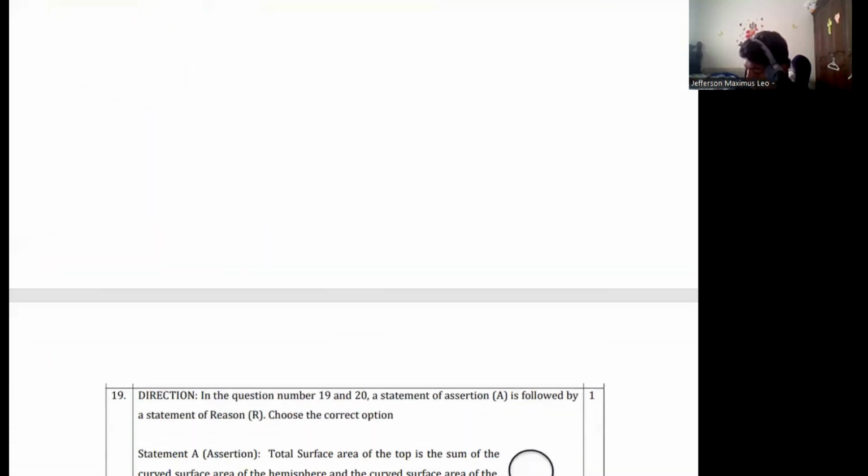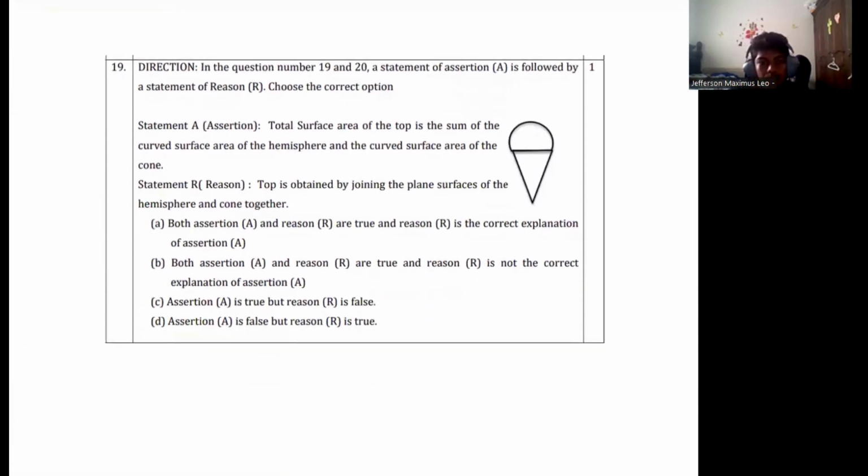Read the question. Assertion and reason, questions number 19 and 20, along with the basic instructions. The assertion is: the total surface area of the top is the sum of the curved surface area of the hemisphere and the curved surface area of the cone.